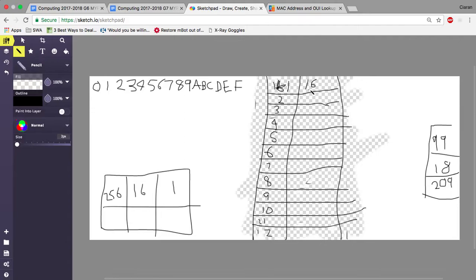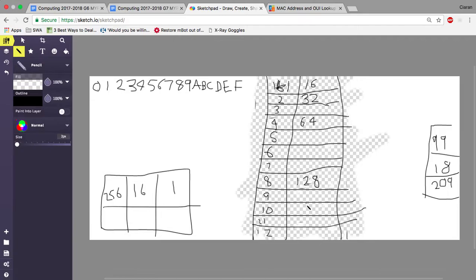So 16 times 1 is 16. 16 times 2 is 32. We can do a bit of a shortcut. Double 32 to get 16 times 4. Double 64 to get 128.